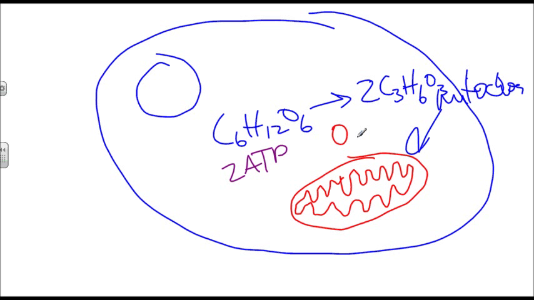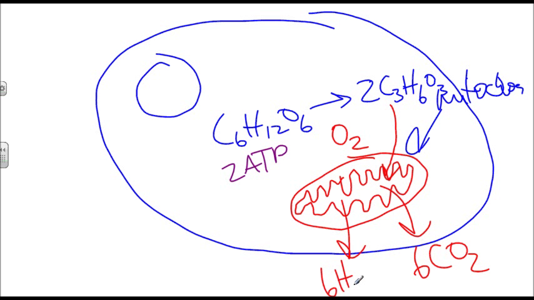Now, if oxygen is present, these molecules of pyruvate are going to enter into the mitochondria, where they will further break down and produce carbon dioxide and water as waste, and produce 34 more ATP.